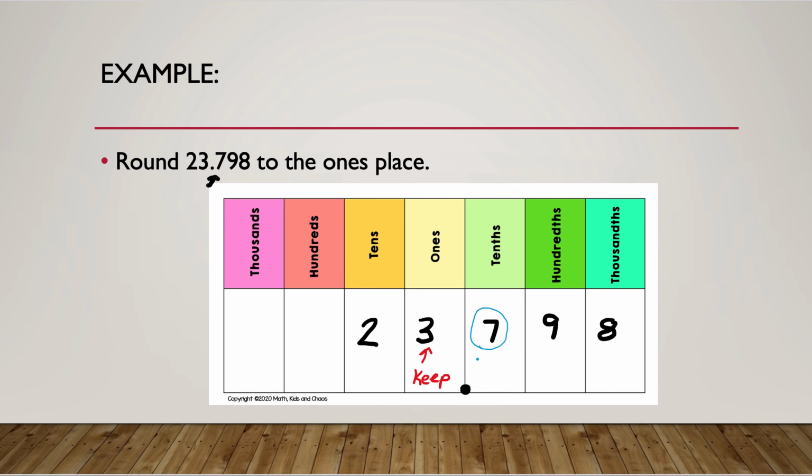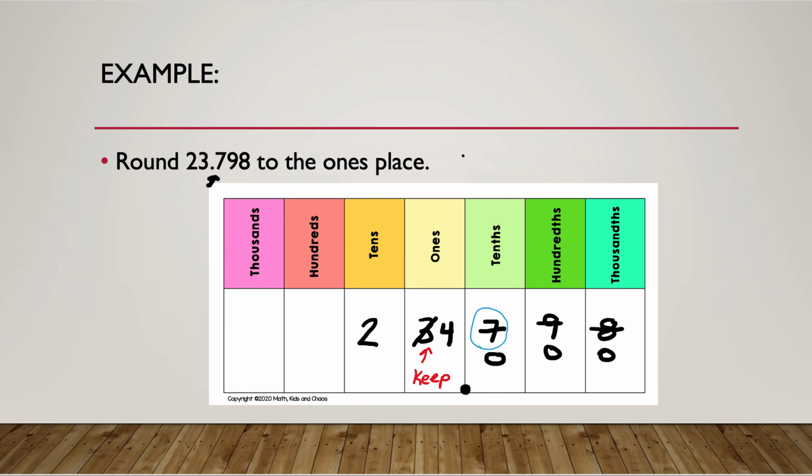And if that number is 5 or more, then we're going to increase our keep digit by 1. So our digit is 7, so that means that this keep digit is going to become a 4. And then remember that every other number to the right of it is going to become 0.